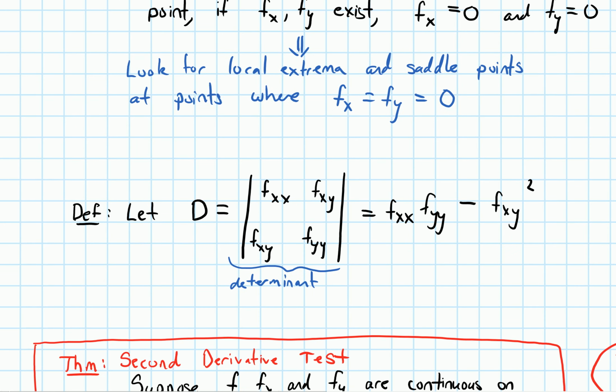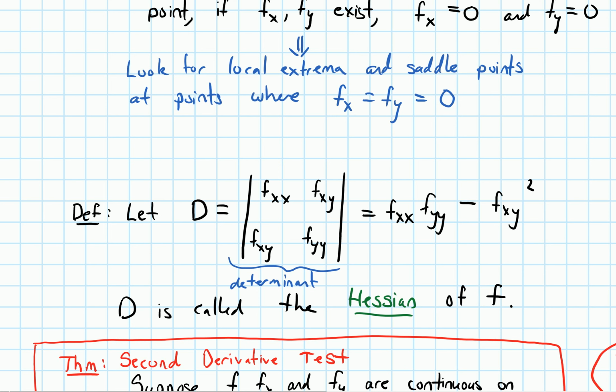Okay, so this discriminant has a special name. D is called the Hessian. It's called the Hessian of f. So of my function, in this case of 2 variables, D is called the Hessian of f.